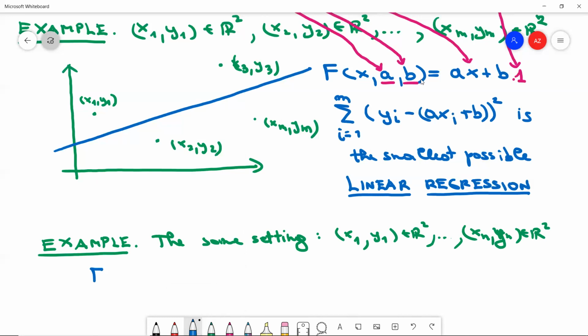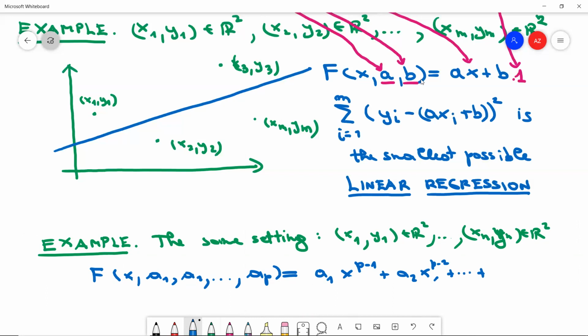Now I allow more parameters, let's say p parameters: A1, A2, up to AP. And then our function is just A1 times x to the power of p minus 1, plus a2 times x to the power of p minus 2, and so on, and AP times 1 at the end.